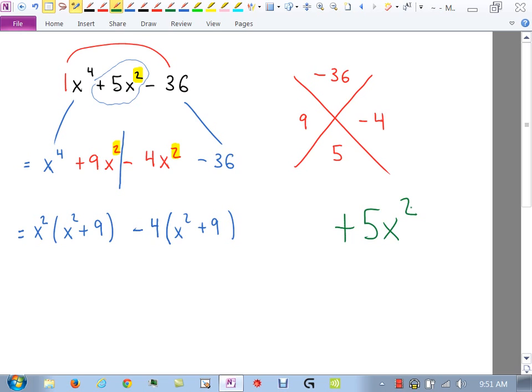So what you do is you forget the x squared there for a second. How do you create a 5, 9, and negative 4? But then you need that, whatever's there. So it'll be 9x squared and then minus 4x squared. Had this been x cubed, you would have put 9x cubed minus 4x cubed. Had it been AB, you put 9AB minus 4AB, which you're about to see in the next example. Okay?